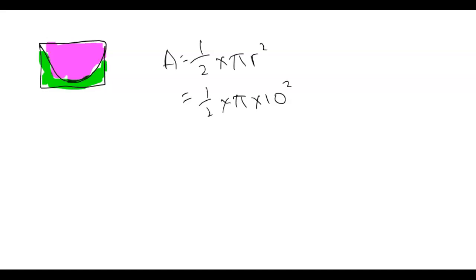Then the area of that whole rectangle is 10 times, oh gosh, my writing, sorry, it should be a 10 times 20. So the area of the green, or your constant cross section, is the area of that rectangle, so 10 times 20, minus the area of this purple section, so your half circle.